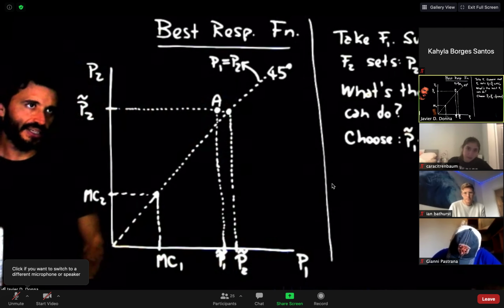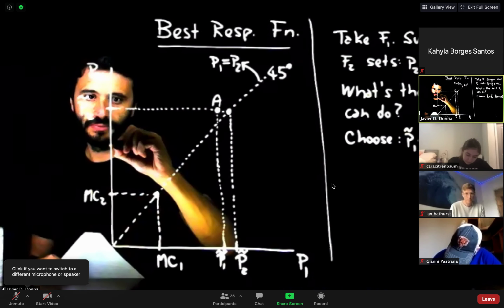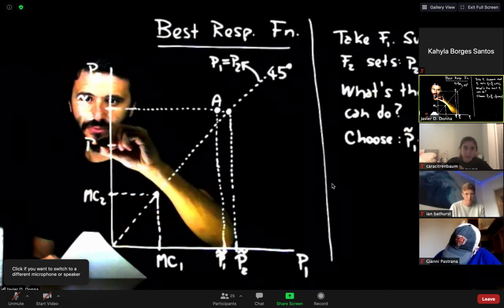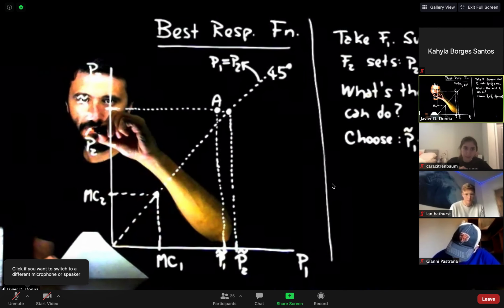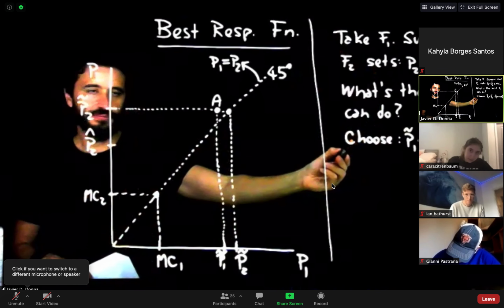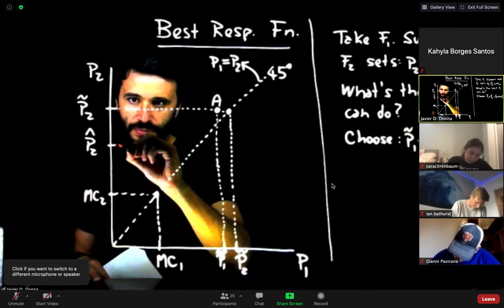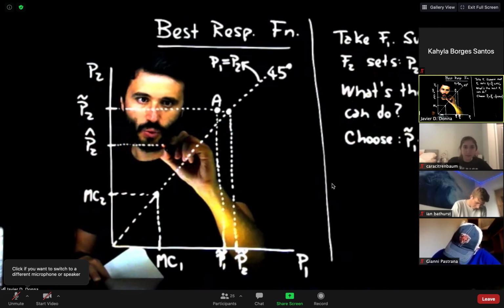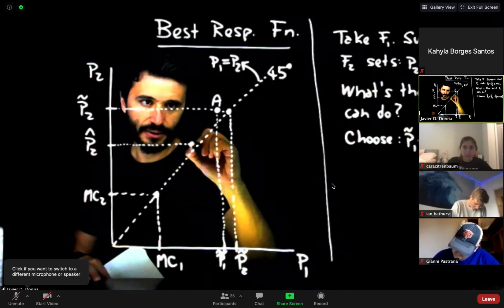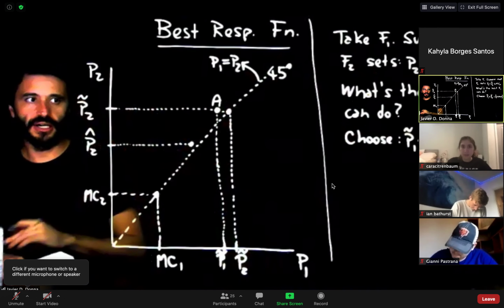Well, we are now essentially done because we can choose any other price. For example, we can choose here P2 hat, and we can do the same analysis. And we are going to get that the best response function is going to be exactly 1 cent to the left of the 45-degree line.